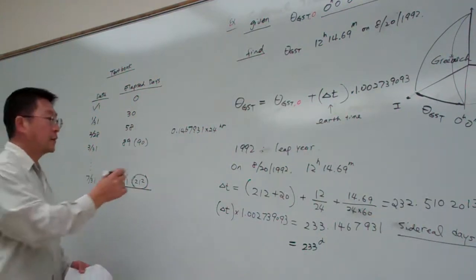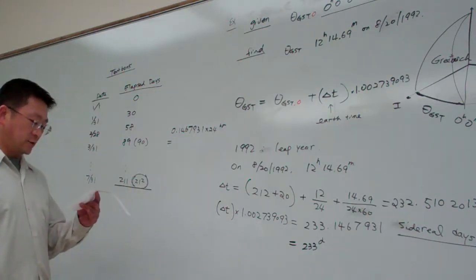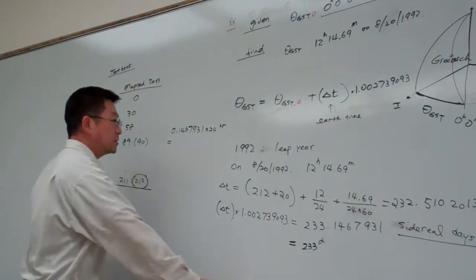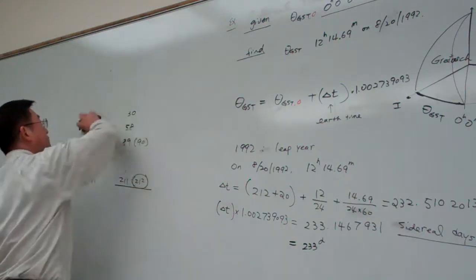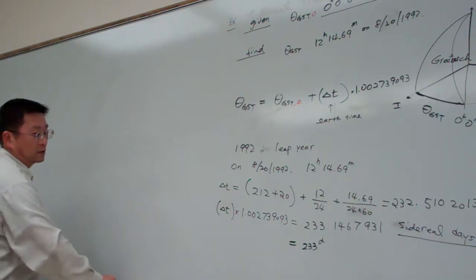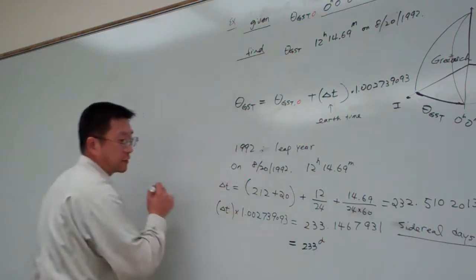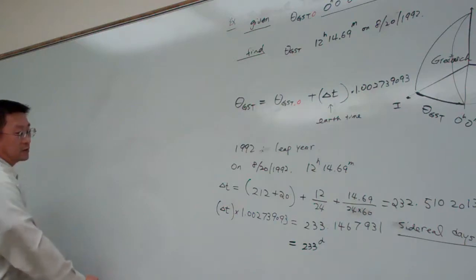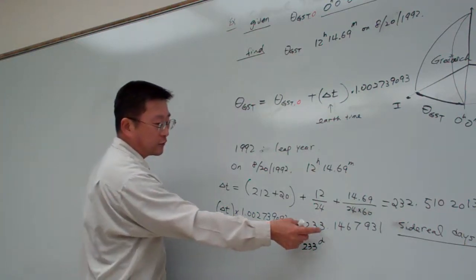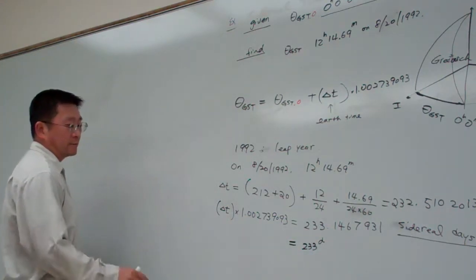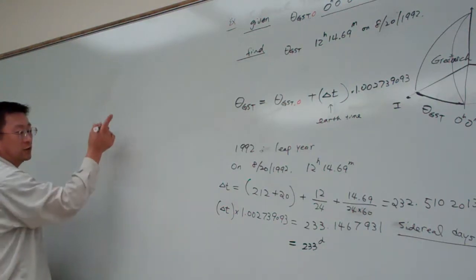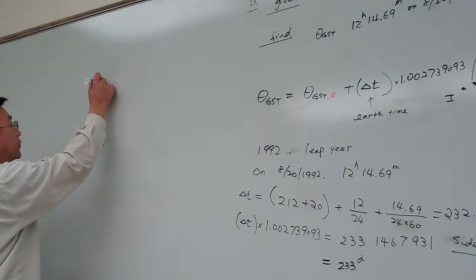Anyone with a calculator can read that for us? I want to go through this in detail. Right now in your calculator you have 233.1467931. You simply minus 233, then you get this number.